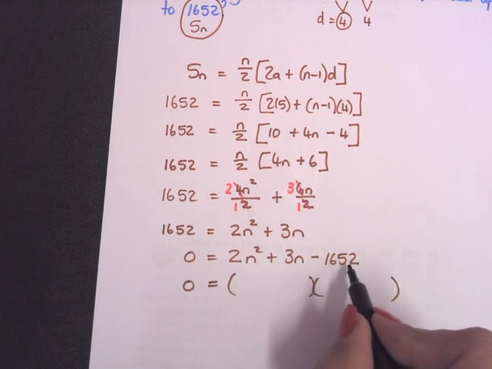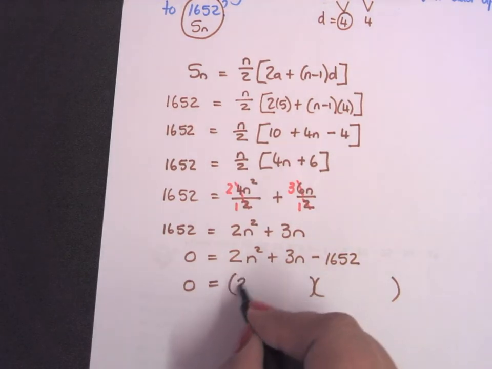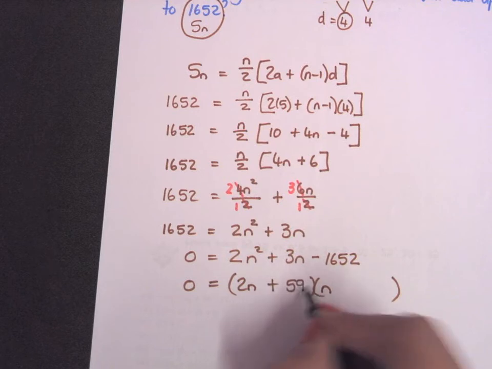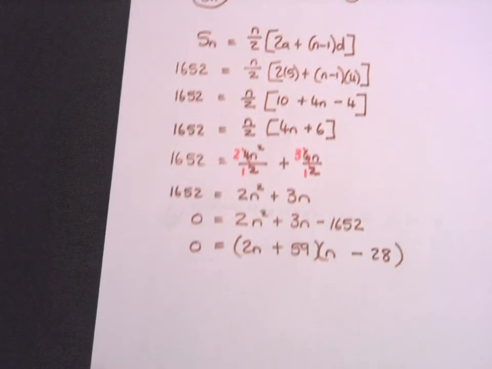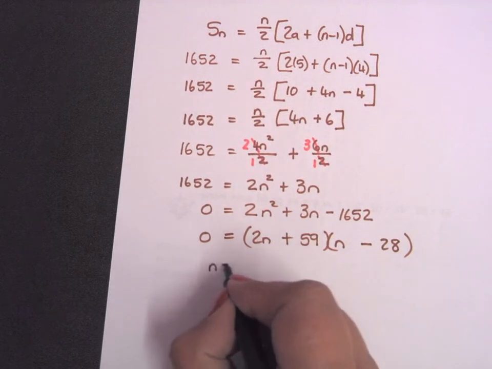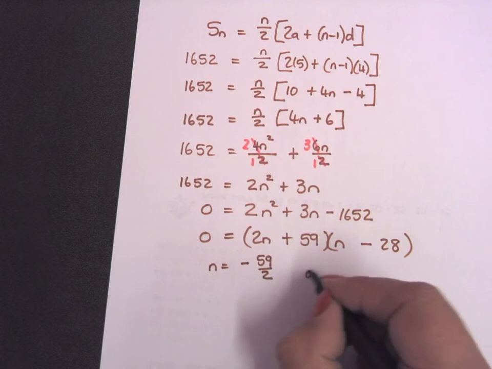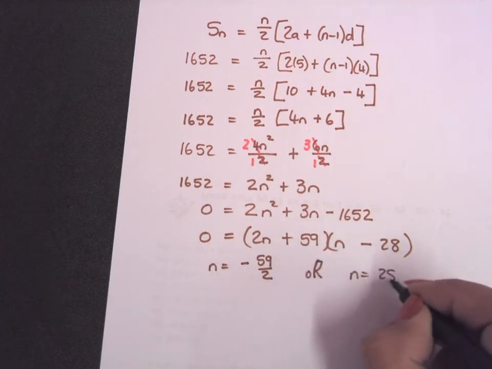If you factor 1652 and you play a little with the factors, you will see that it will end up with 59 times 28. So n will be negative 59 over 2, or n will be 28.